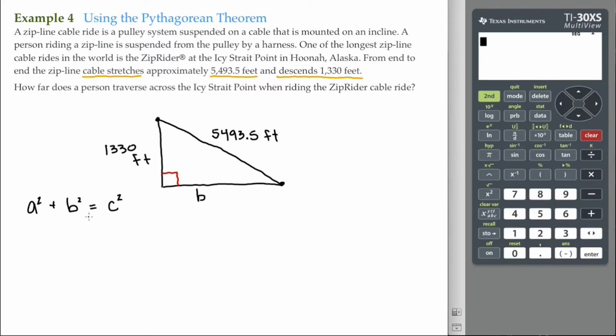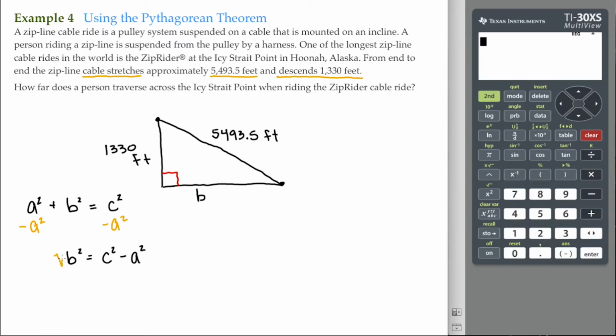So now we can solve simply for B. I'm just going to use some basic algebra. I'm going to subtract a squared from the other side here. Then b squared is equal to c squared minus a squared.